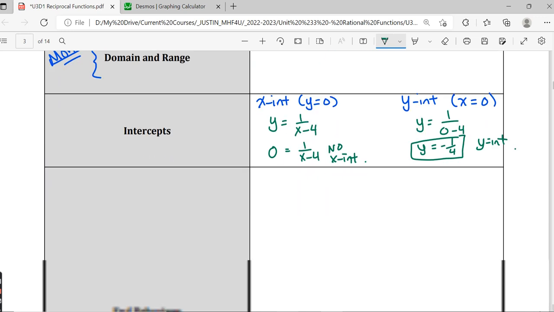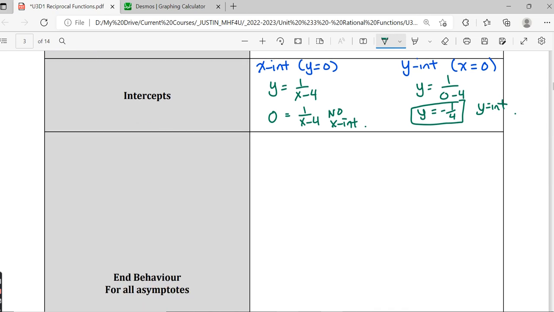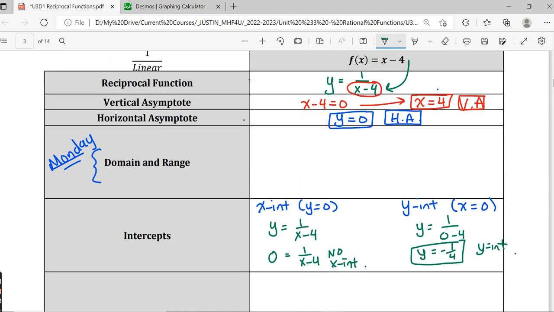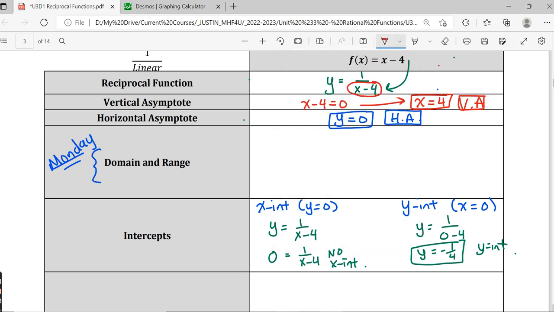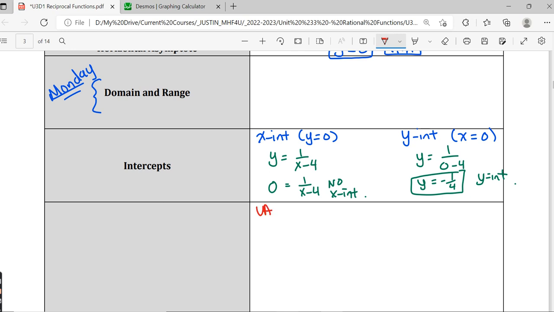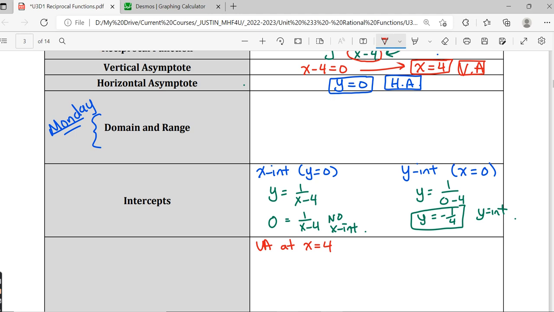So we have that. Now the end behavior for all of the asymptotes. Okay, so what are our asymptotes? The first one is at x equals 4, so I know that there is a vertical asymptote at x equals 4. What's my other one? Horizontal asymptote at y equals 0.